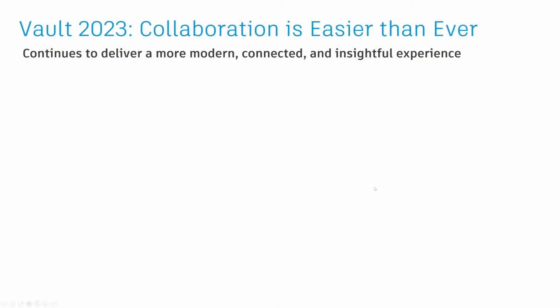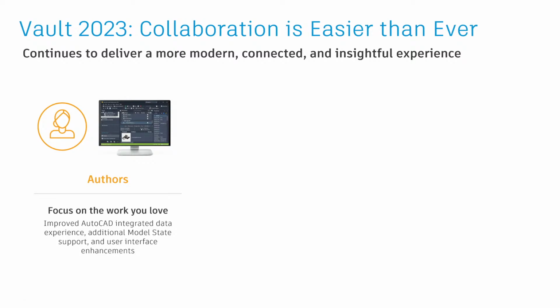Okay, so basically, what are we trying to do in Vault 2023? We're just trying to make collaboration easy. We want to deliver stuff out to the world much quicker. And we're doing it in three phases. The first one is for authors. So we're upgrading, as I said, the AutoCAD integration, so that you can work much better and much faster within AutoCAD, instead of having to go to the Vault to do some additional functionality, as well as model states.